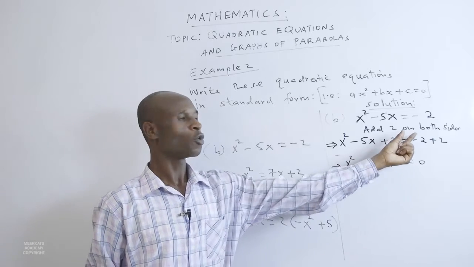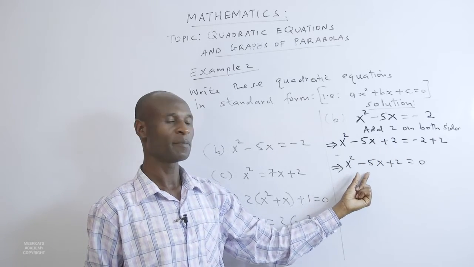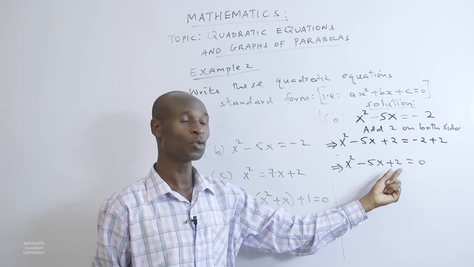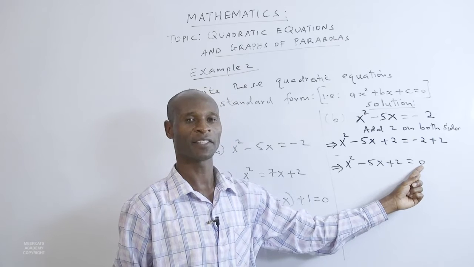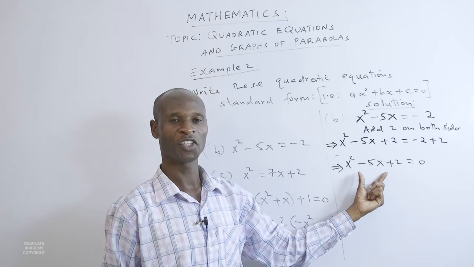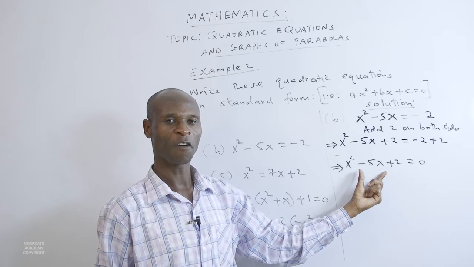So if we add 2 on both sides, we shall have on the left-hand side x squared minus 5x plus 2 is equal to minus 2 plus 2 gives us a 0. So this is the general quadratic equation in standard form.